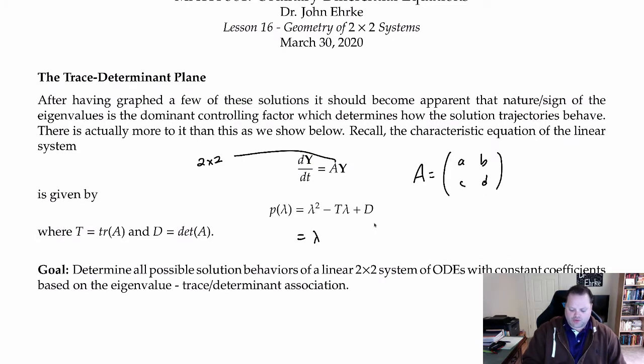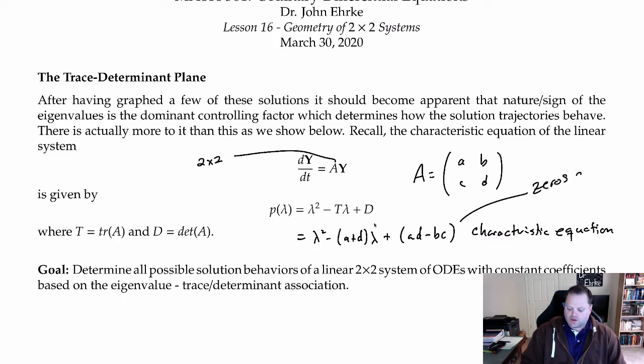The trace would be a plus d. The determinant would be ad minus bc. So this is the form that our characteristic equation takes. And the usefulness of this characteristic equation, we know, is that the zeros of this are eigenvalues.